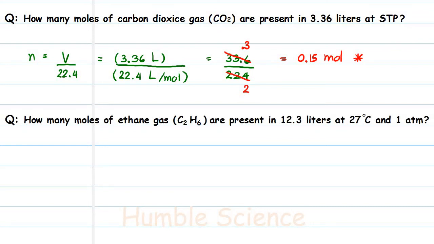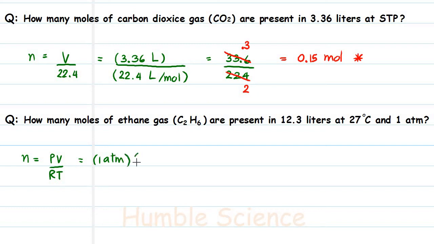The second question is for the gas not at STP. It says how many moles of ethane gas are present in 12.3 liter at 27 degrees Celsius and 1 atm. Since it is not at STP, we have to use n equal to PV over RT. P is 1 atm.